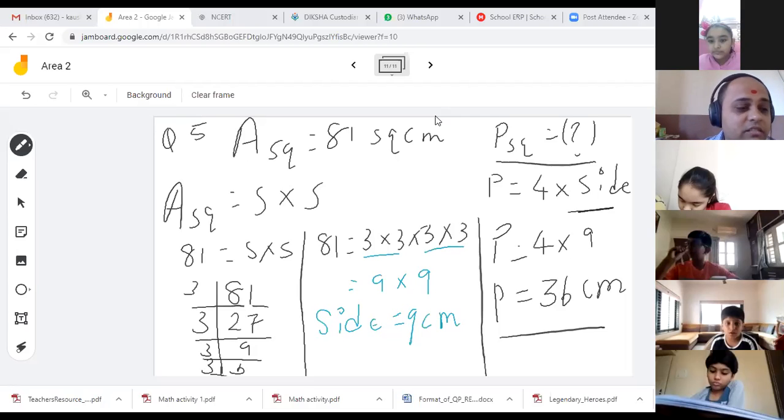We can find side, right? 48 divided by 4 is going to be 12. And once we have one side, we can find area of a square. It is side into side, which is 12 into 12. The answer will be 144 square meters. But that is going to be your homework. So question number 6, again homework.